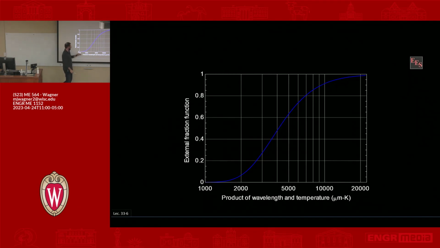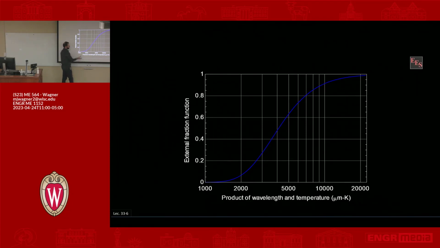So again, the product of temperature times wavelength gives me the fraction of power below that wavelength in the blackbody emissive spectrum. This is programmed into EES, so you could look it up there. I think there's probably a function in the book as well. You can use this to evaluate, say, from 0 to this product here.